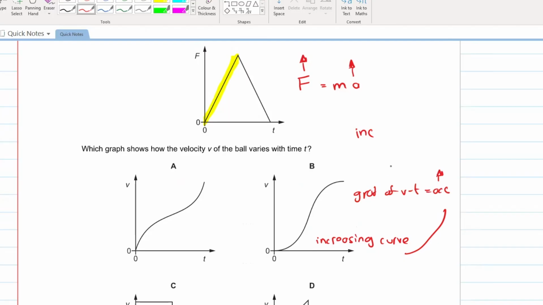If acceleration is increasing, gradient is increasing, you will have an increasing curve like this. In the second half of the graph, can you see force is decreasing? Acceleration will decrease, your gradient will be decreasing, you will have a decreasing curve here. Option B will be your answer.